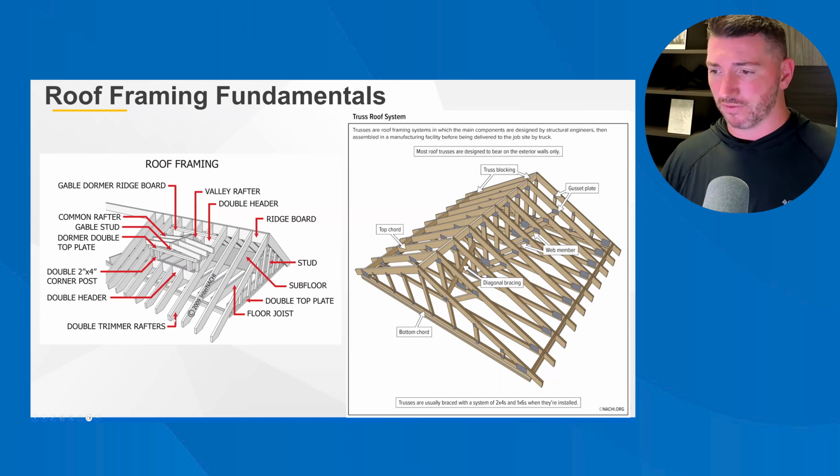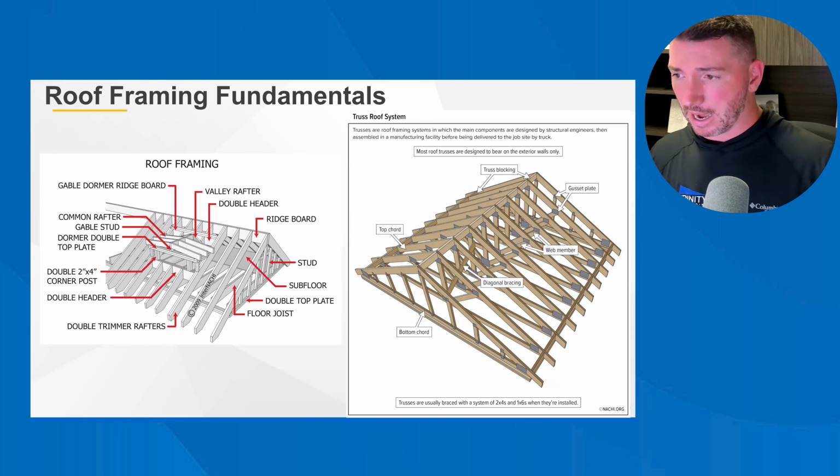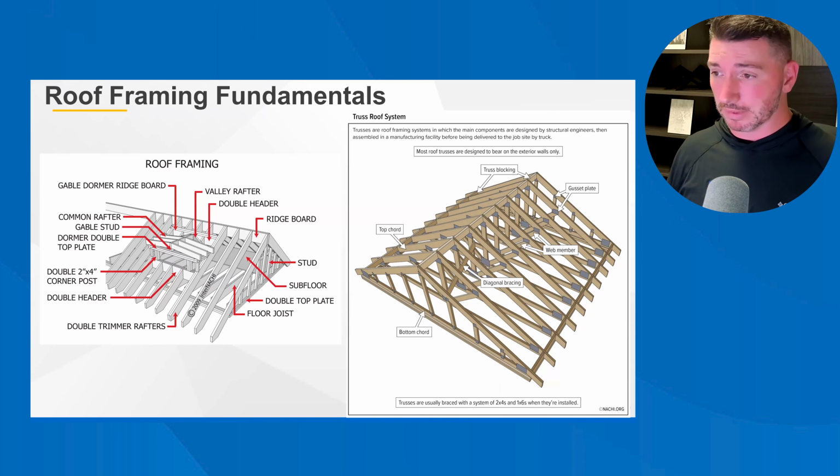It's very conventional framing. Again, I would encourage you to do your own research on framing and how a house is framed. My personal thing has always been, if I can't picture how to deconstruct something in my head, I'm not going to be able to properly diagnose issues with those things.